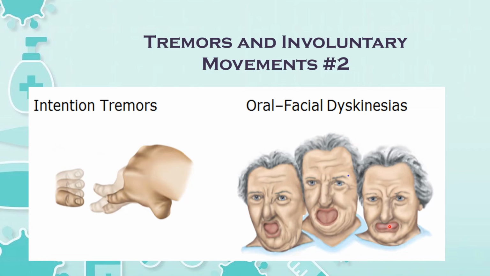So these movements may be a late complication of psychotropic drugs such as phenothiazines. So this will also occur in long-standing psychosis in some elderly individuals and in some edentulous persons or those persons without teeth.